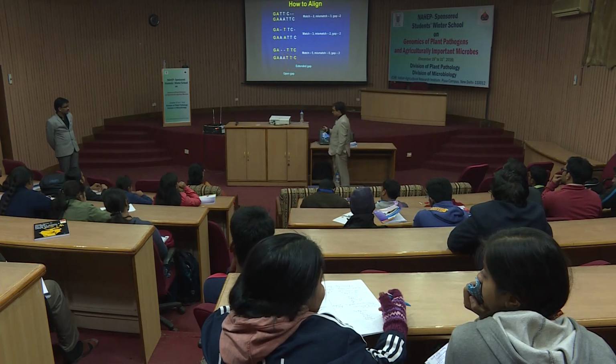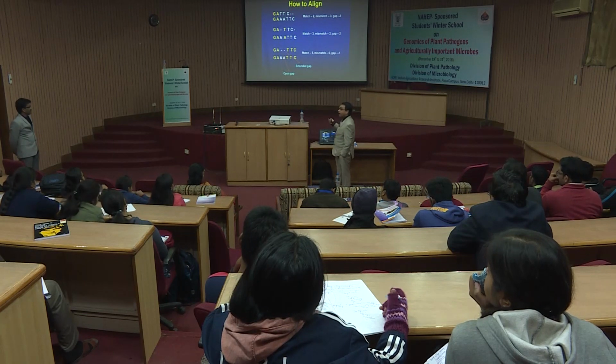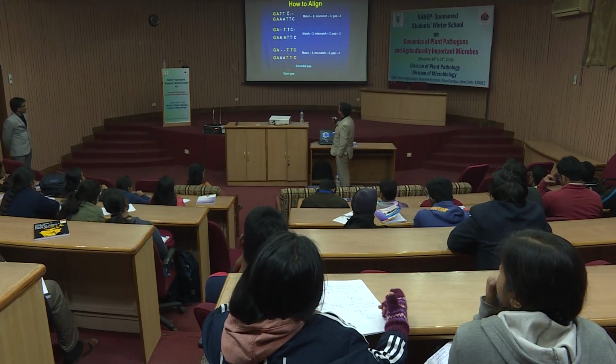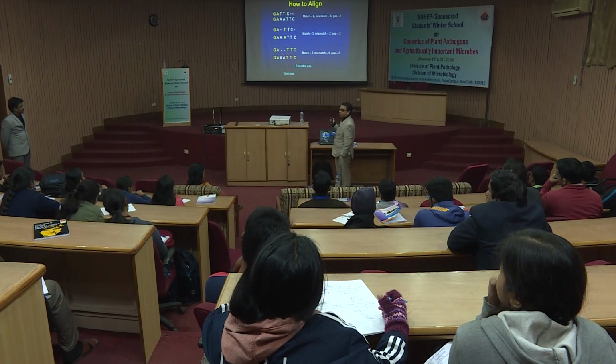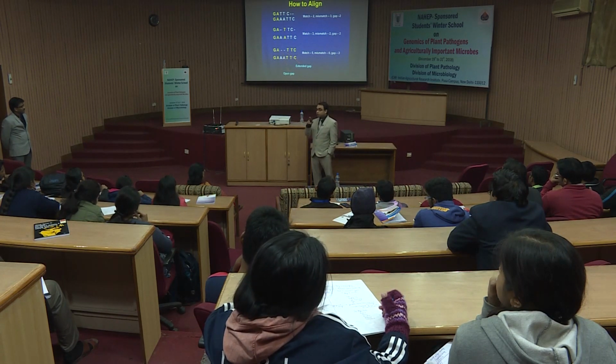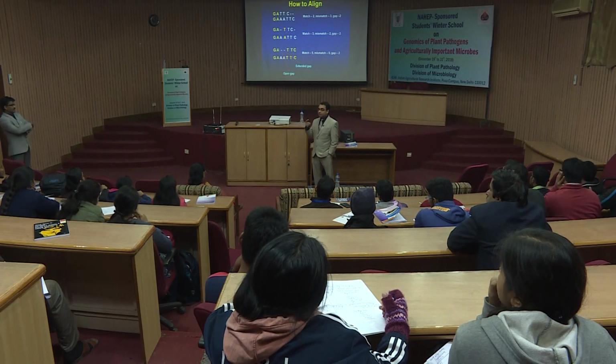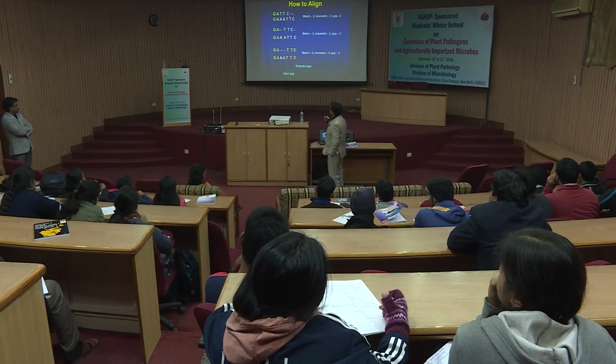Now, we have these 2 sequences. In this sequence we got only 5 nucleotides, and here we got 7 nucleotides. Okay. That means the first sequence is 2 nucleotides shorter. Now, these 2 nucleotides mean there is a mutation or deletion. The deletion may have taken place at the last position, or here, or here.